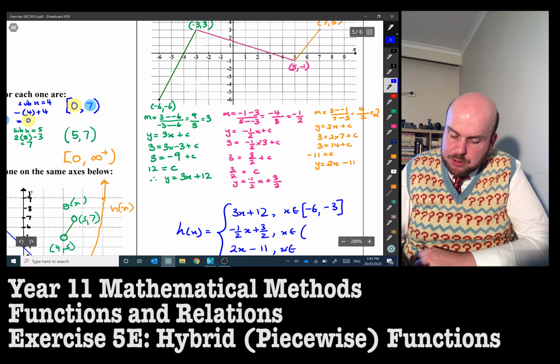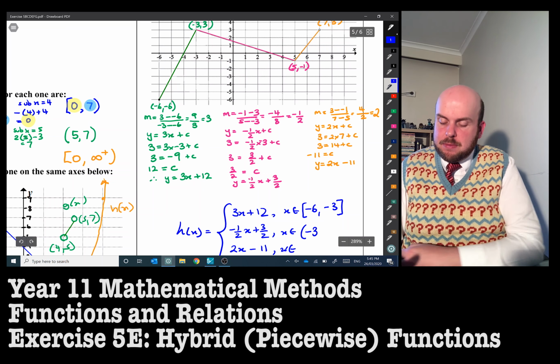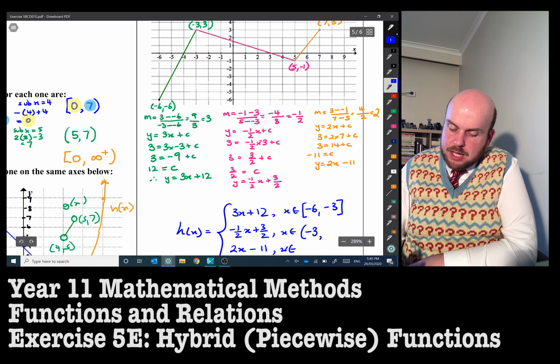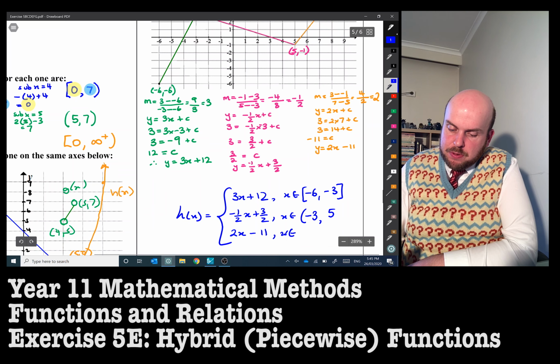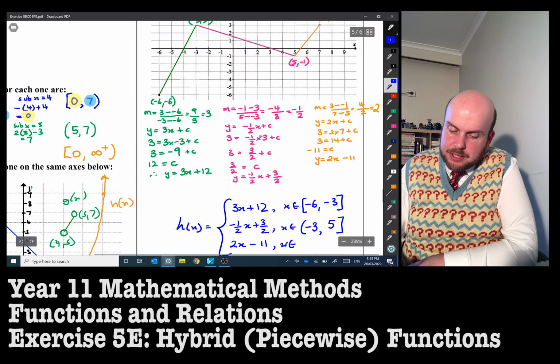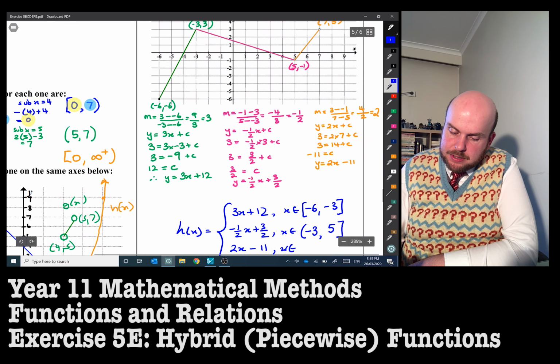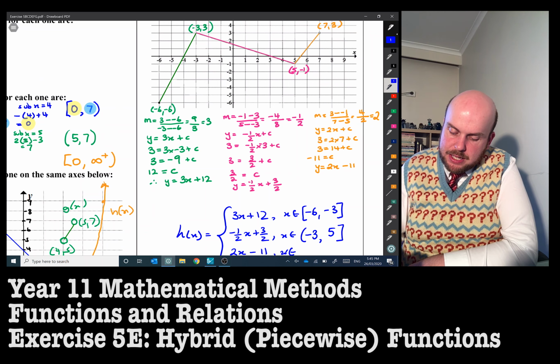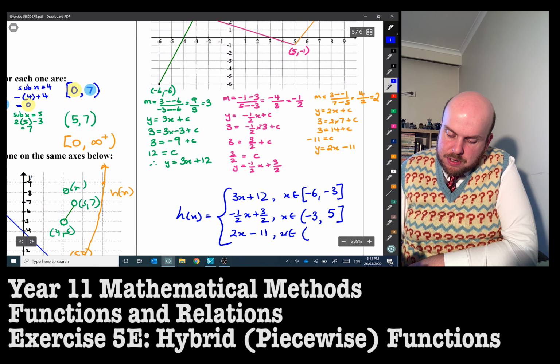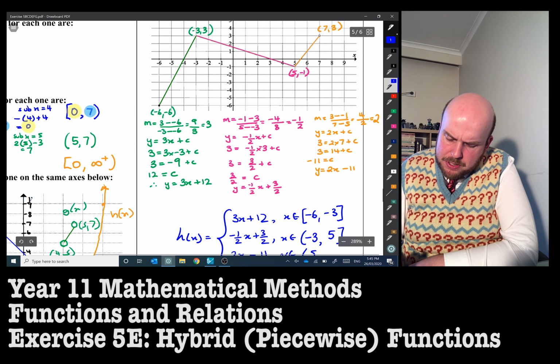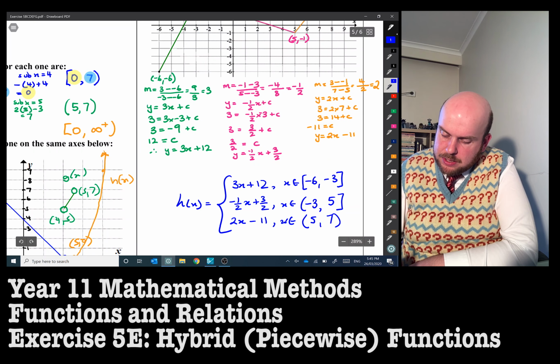We can't have 2 includings, only 1 has to be included, so we'll do -3, and again I'll put 5 as including, like so. And then the last one goes from 5 to 7, because that's the domain there, the x values, so we'll not include 5, and according to that it's a very open dot, so it will not include 7.